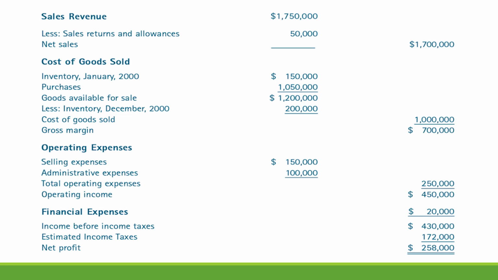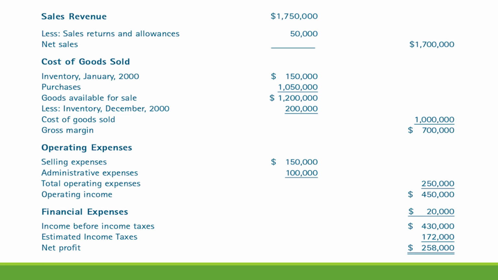This $700,000 will now be used to pay any operating and financial expenses necessary for the organization. The operating expenses become the major expenses, exclusive of the cost of goods sold, that the organization has in order to operate its business.